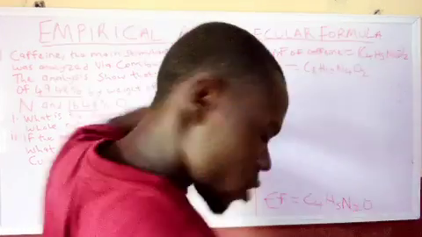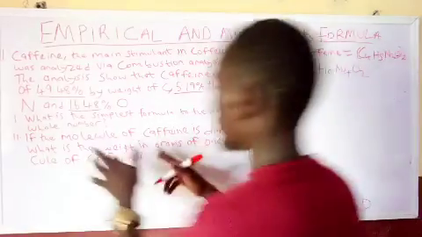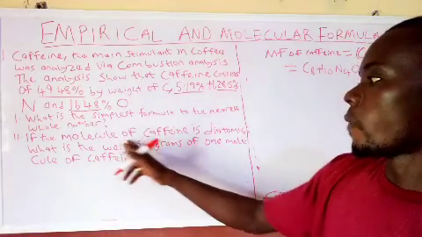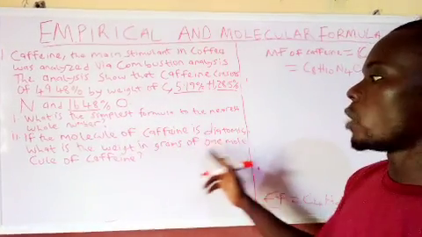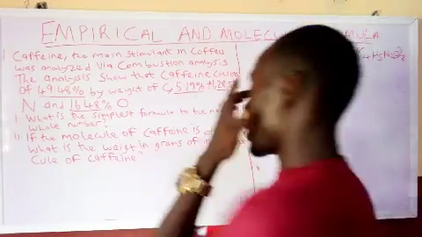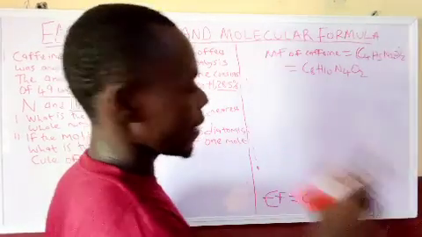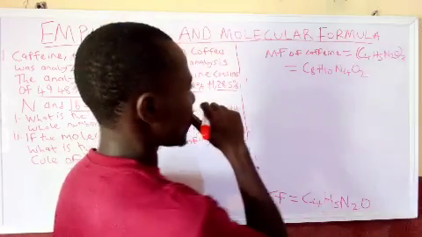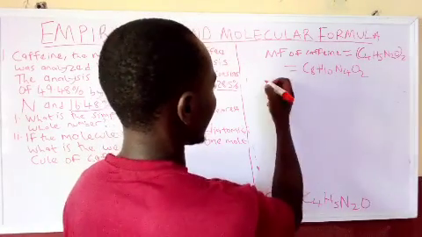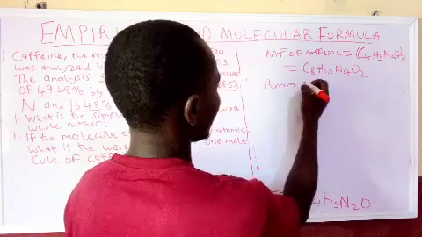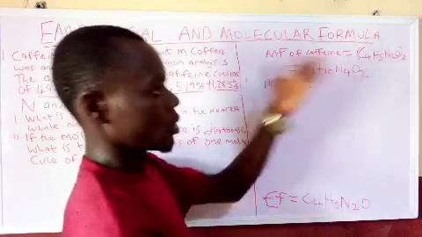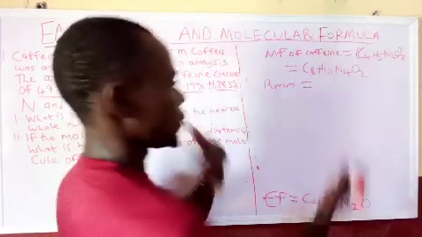So we can now go ahead with this. They now said if the molecule of caffeine is that, what is the weight in grams of one molecule of caffeine? So what you do is this. What is the relative molecular mass of caffeine, RMM? You can check our previous videos for that.